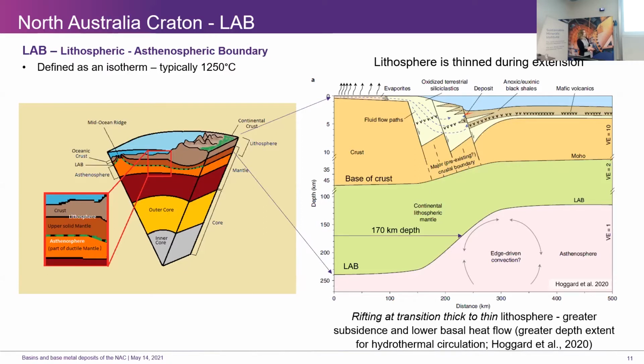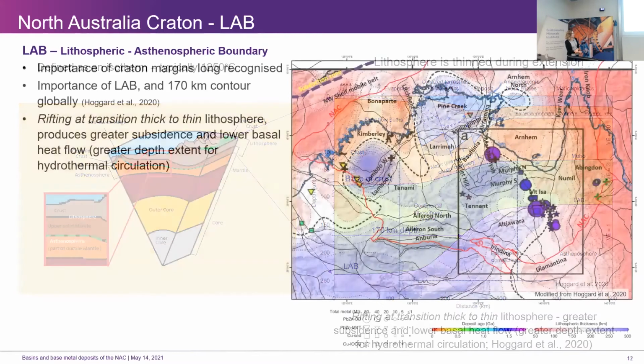So that 170 depth, to me, I don't understand why it in itself should be key, as opposed to just the thinning from thick to thin lithosphere rather than a given depth.